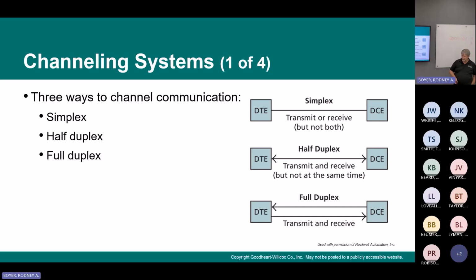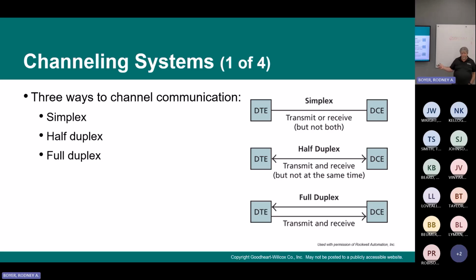Channeling systems. This is on the quiz also. Simplex, you have one talker and one listener, period. Half duplex, you have one talker and one receiver, but you can talk in one direction or the other, and you can't talk in both directions at the same time.